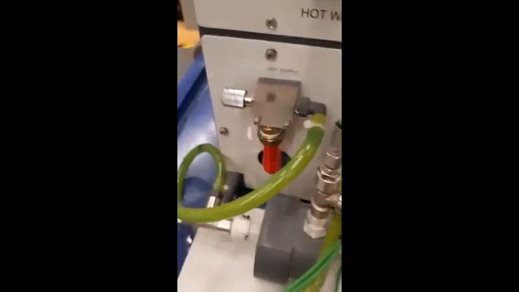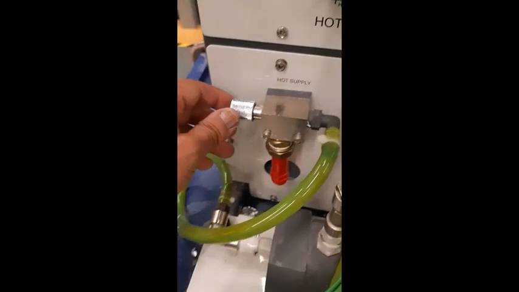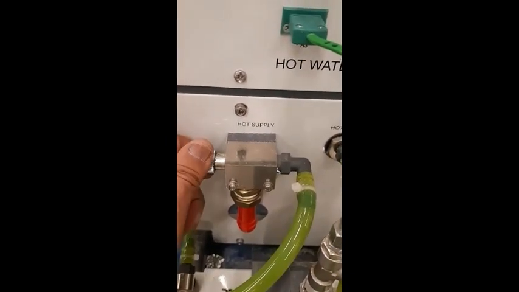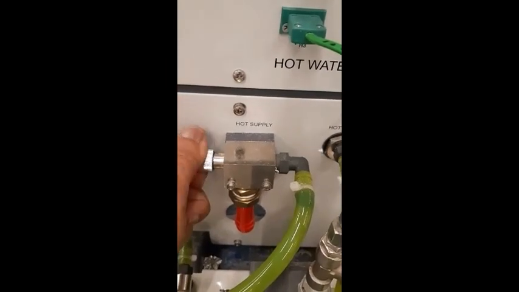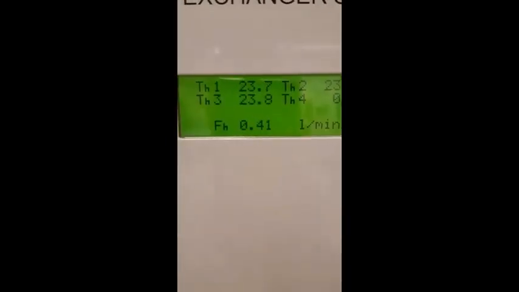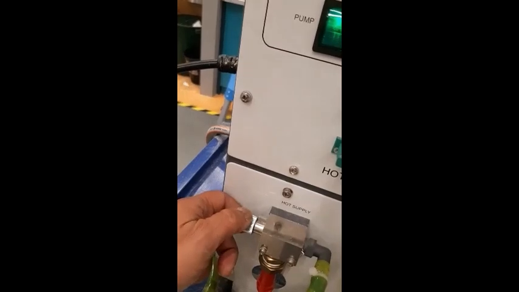If we start this one, we have to start and control the hot water flow rate. If we turn it anti-clockwise, then it starts the hot water flow rate. So we increase this one this way until it is set to 4 liter per minute. We will just increase this one.